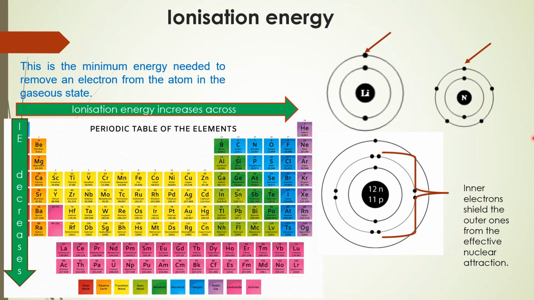And when that happens, there will be less attraction between this outer electron and the protons. When the attraction is lesser, it will be easy to remove the electron from the atom in the gaseous state. That means it will require less energy. So the ionization energy is going to decrease.